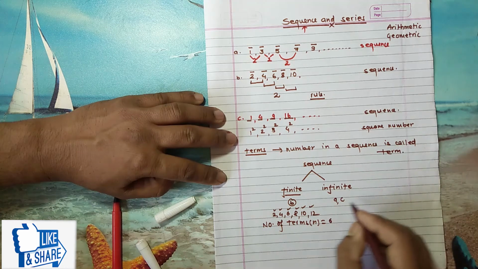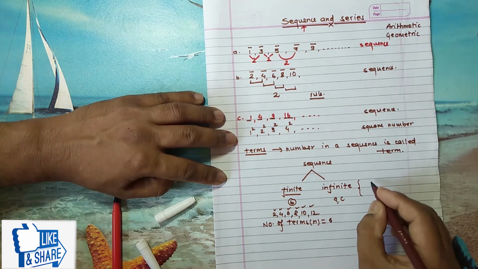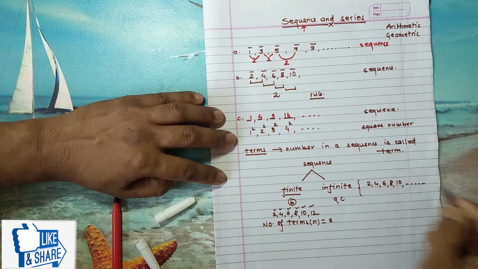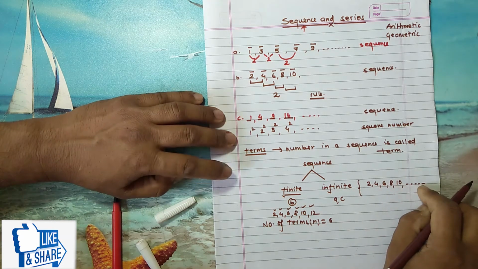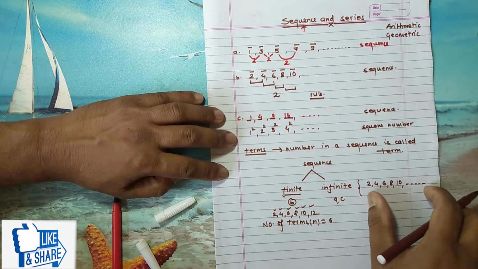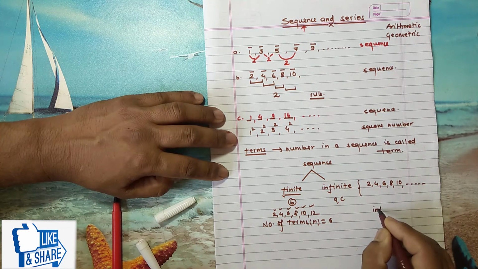Here let's give one example of an infinite sequence. 2, 4, 6, 8, 10 and so on. Means here how many terms we have, we are not clear. So this type of example is called an infinite sequence.